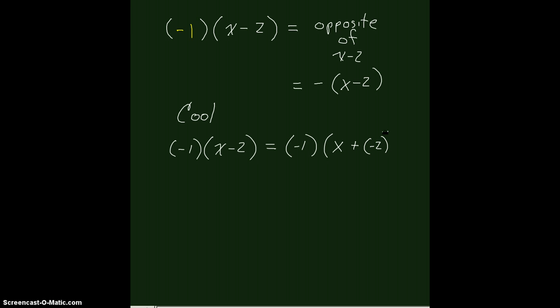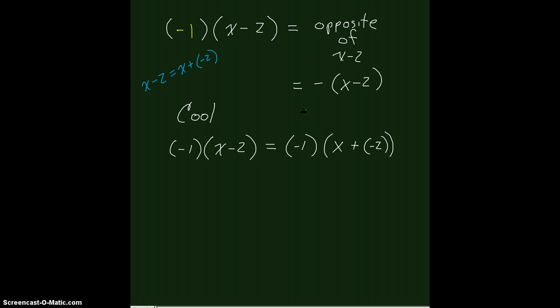We've done this before where we change a subtraction into an addition of a signed number. Remember that? Let me write it over here. X minus 2 is the same thing as x plus a -2. Good.